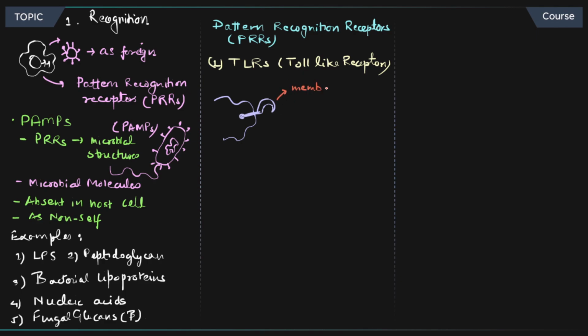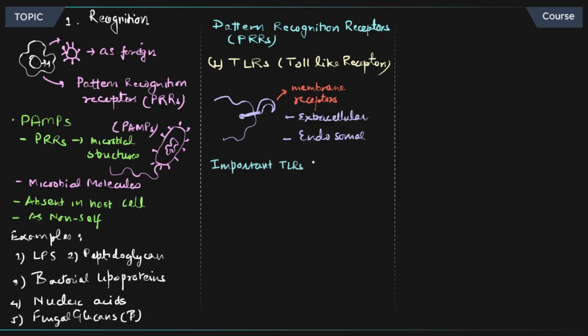These are membrane receptors, right? They will have an extracellular domain and also an intracellular domain. This one which I'm showing is the extracellular domain, and there will also be endosomal TLRs. So you'll have extracellular TLRs and endosomal TLRs, right?